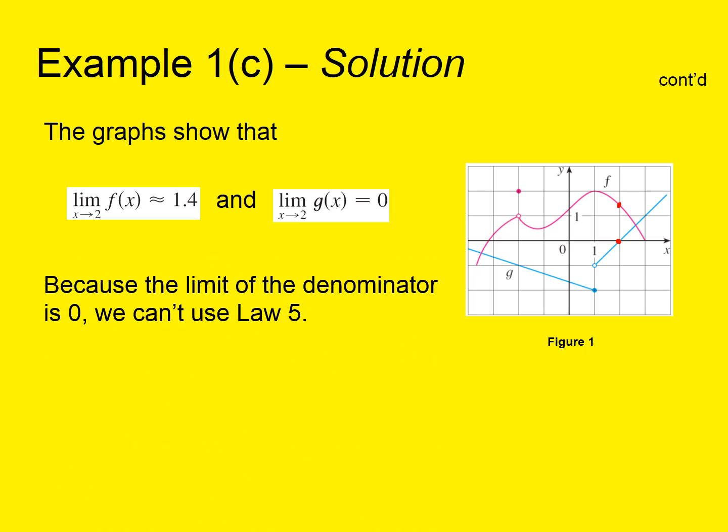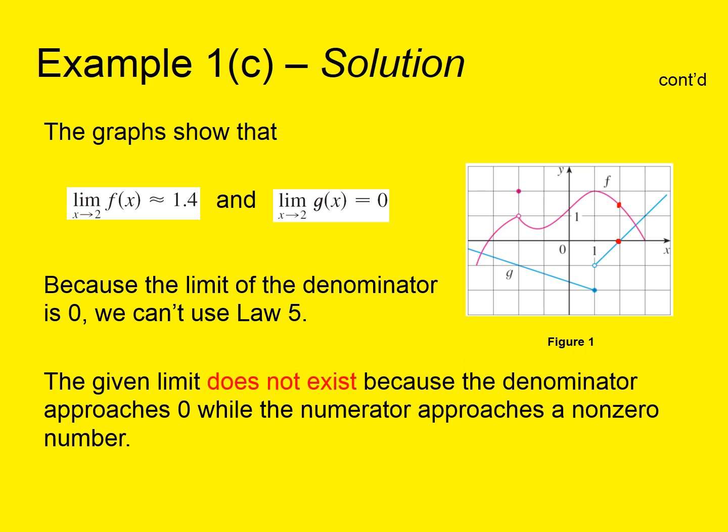We cannot use law 5. The given limit does not exist because the denominator approaches 0 while the numerator approaches a non-zero number. So if we were asked to find the limit as x approaches 2 of the quotient function f of x over g of x, we would just have to say that that does not exist.